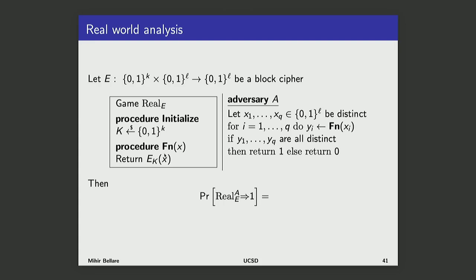We're playing this game, and we know that the y values are coming out of this. So they have the value E sub k of x1 through xq. But we know, because E is a block cipher, that they will have to be distinct for sure. And so for sure our adversary will output 1. So we've killed that side of it.